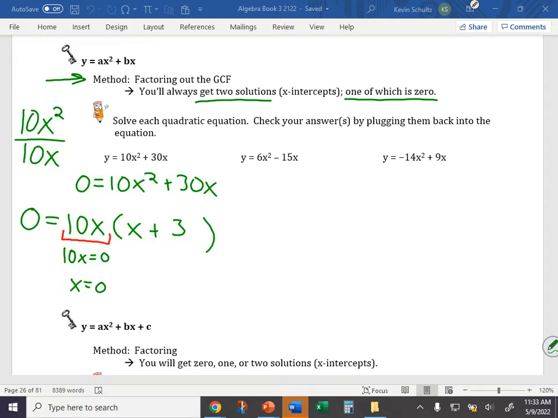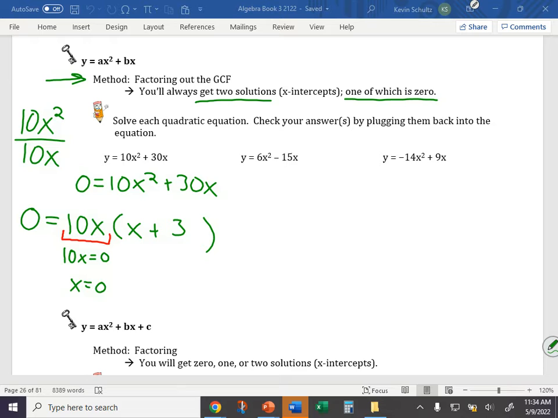If we set this equal to 0, does it matter what our parentheses equal? No, because 0 times anything is always going to be 0. Okay? So that's where your freebie comes from: when you factor out that greatest common factor, this first answer will always be a 0. Because 10 times something to equal 0 will always be 0, and 0 times whatever brings us back to the 0 we want anyway.